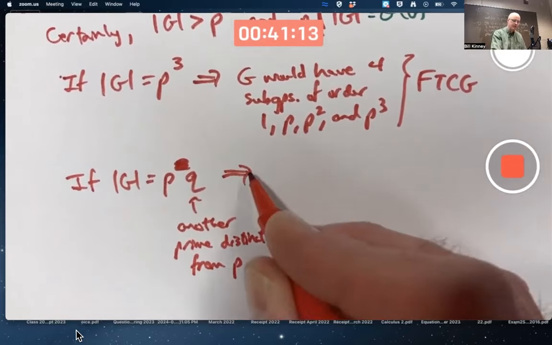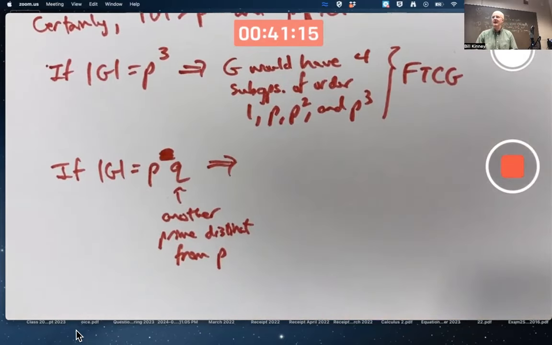Once again, the fundamental theorem of cyclic groups would apply to say you're going to have how many subgroups? Think about it a little bit. You'd have to have 4 of them. Order 1, order P, order Q, and order P times Q.